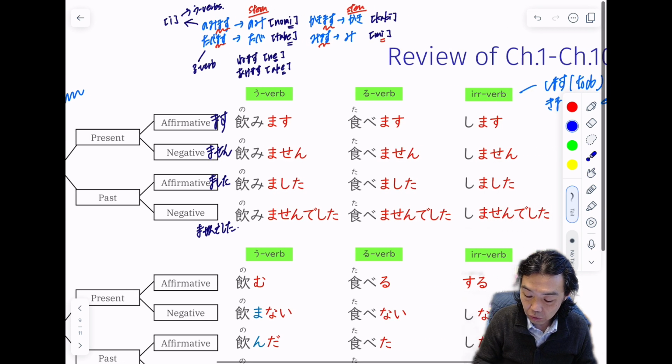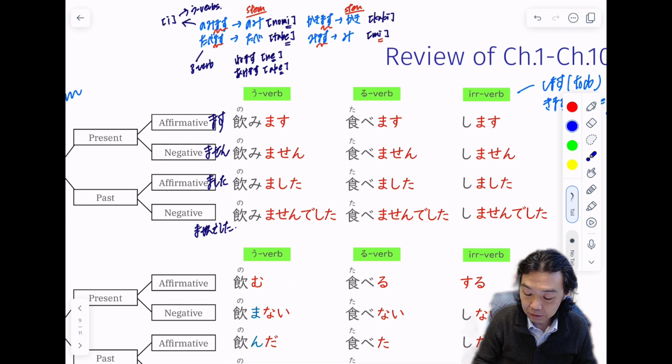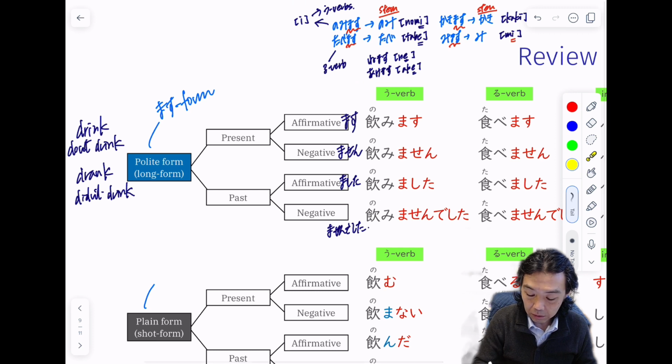The same is true with the irregular verb. します、しません、しました、しませんでした。Okay? So, as far as the polite forms are concerned, all you have to know are these things. Right? ます、ません、ました、ませんでした。Okay? So these are the only things you should remember.